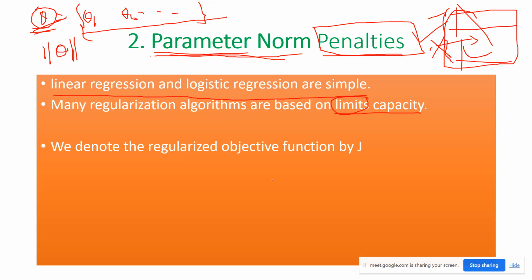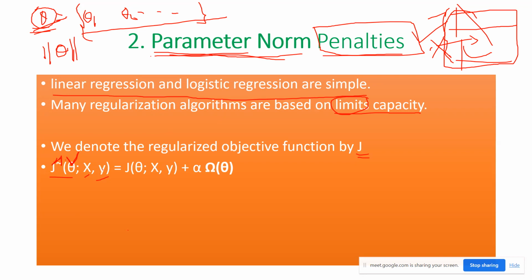Now we can denote this J. J is a regularization function. Our target is we need to control the J value. How are we defining J here? Using the norm penalty. So J of theta, that means we have to predict the J value with the parameter, because we are going to use parameter norm penalties over the input value X, and we are identifying the output value Y. This is capital X, which has the vector X1, X2, X3 and so on up to Xn.